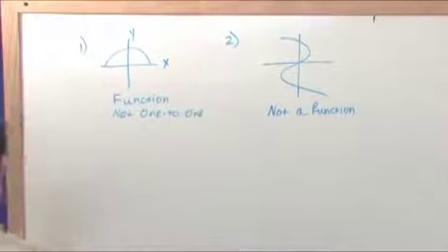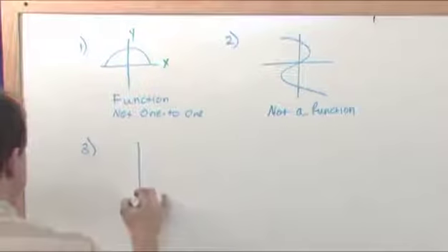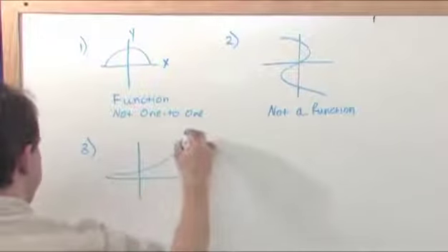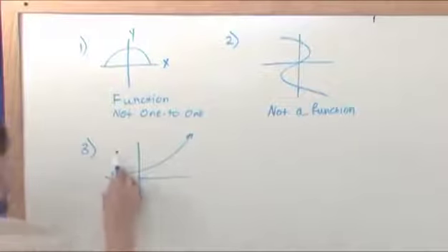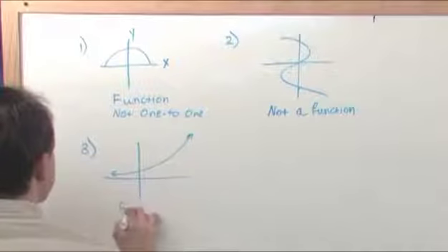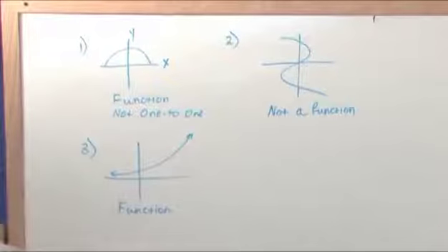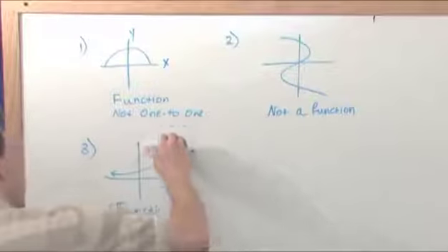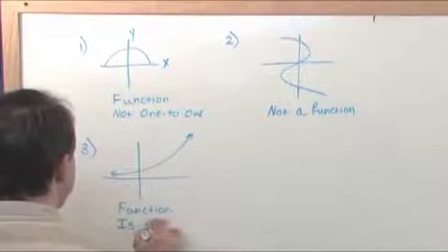And then finally, if I had one that looked like this, is this a function and is it one-to-one? Well, you look at your vertical line test, it is a function, because it only crosses in one spot everywhere, and the horizontal line test looks to be passed as well for the same reason. So it is a one-to-one function.